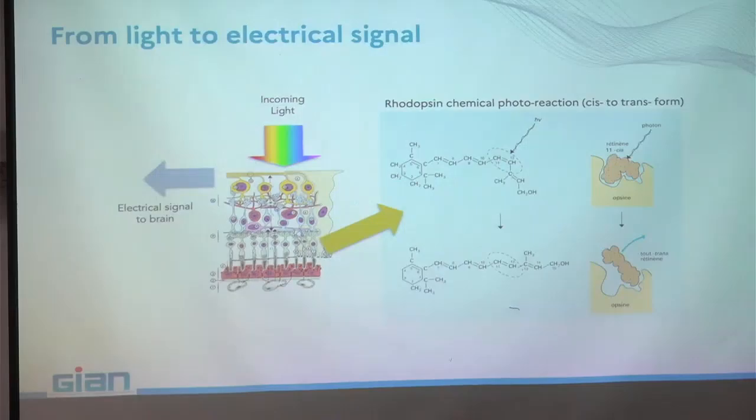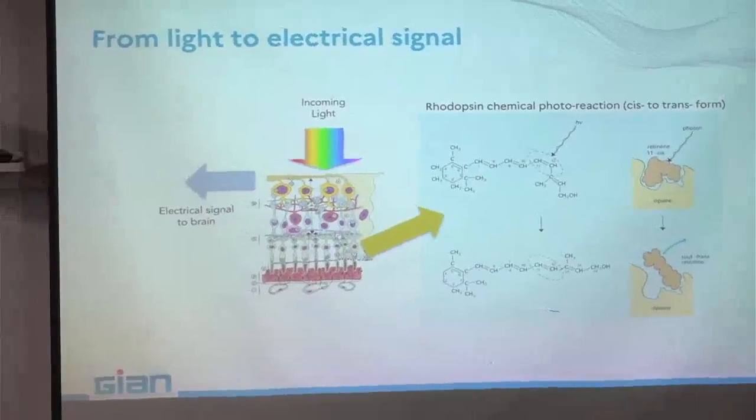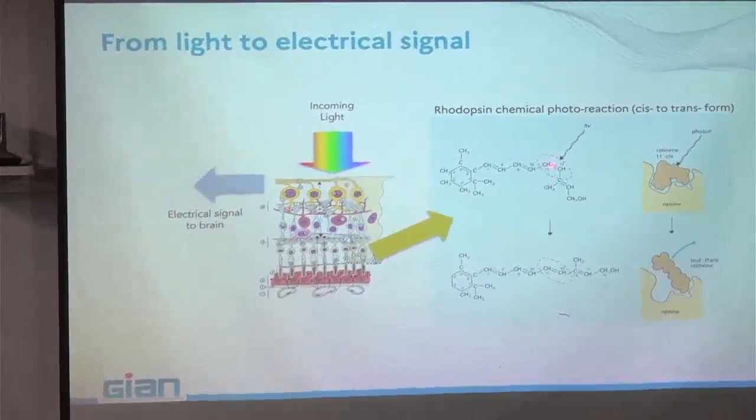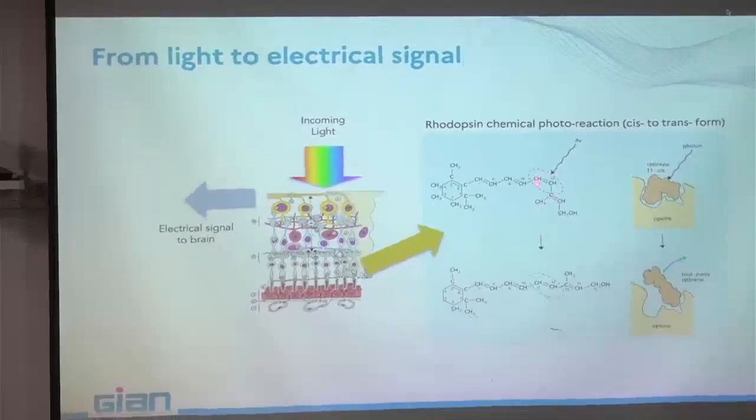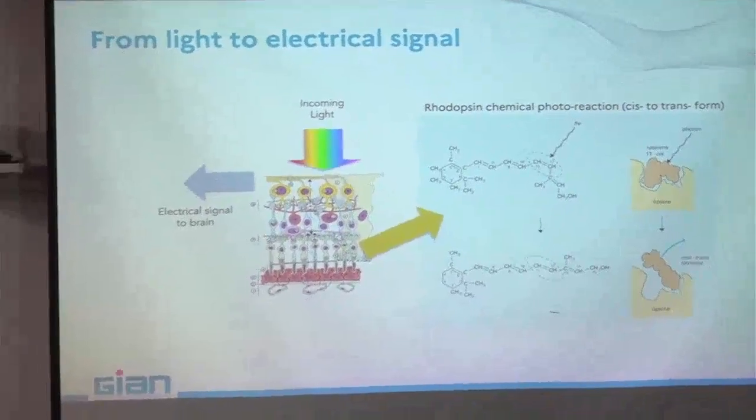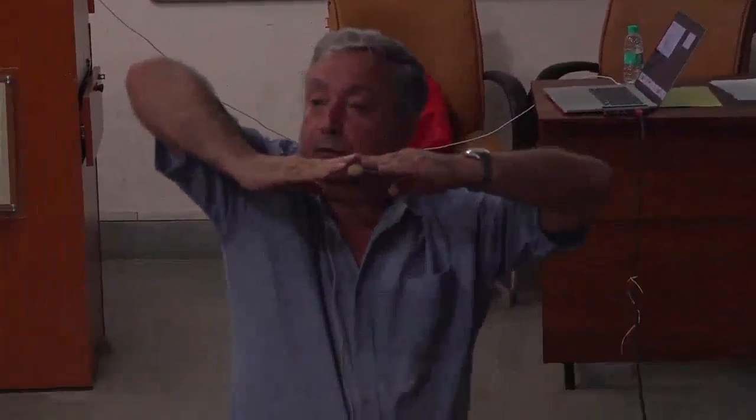One is you have an angle here, and one is straight. It's the same molecule, but one is this side, and the other is here. And what happens if a photon hits the double link here? Then you pass from that form, which is the normal one, to that one.